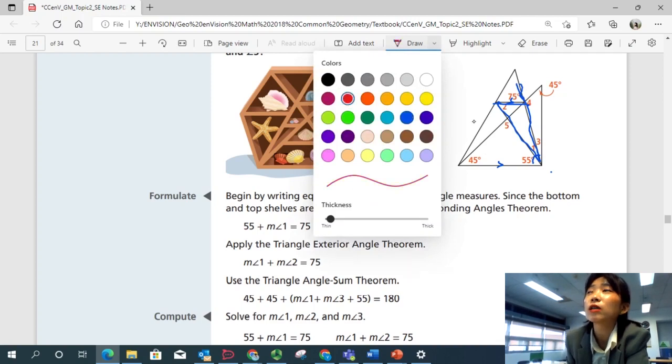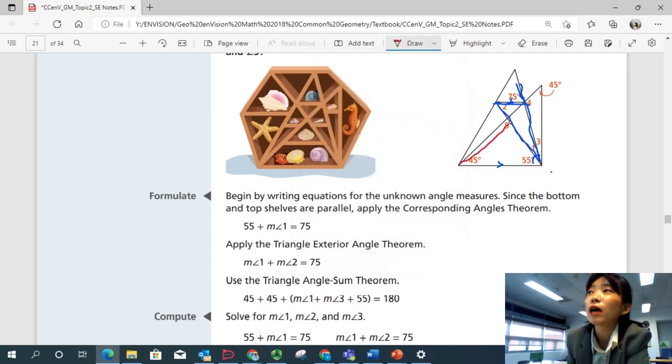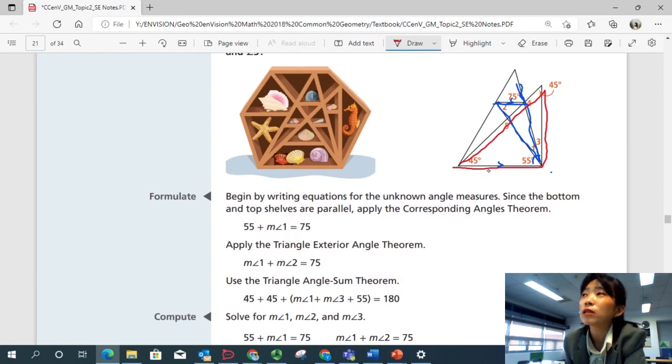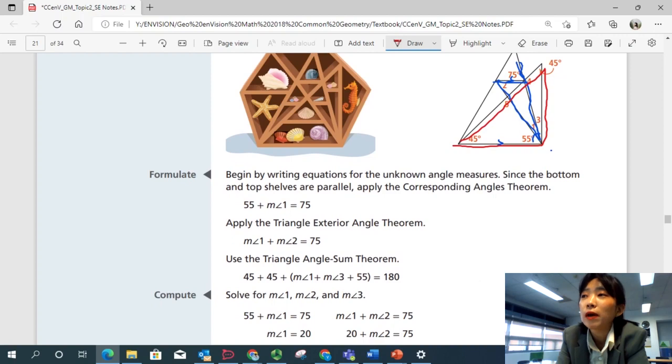Let me use another color. So now we're looking at this triangle. Triangle angle sum theorem says 45 plus this 45 plus this, all of these angles added together will equal 180 degrees. Okay, so we're going to solve for angles 1, 2, and 3 using these equations.